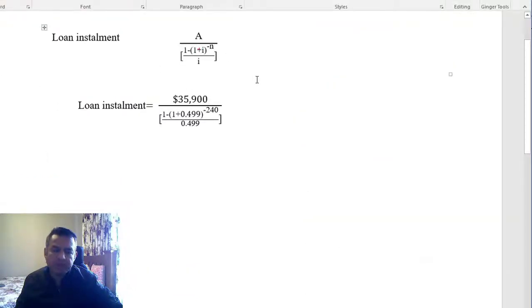Now I copied the formula from the formula sheet in this Word file. Now this is the formula, as you know.